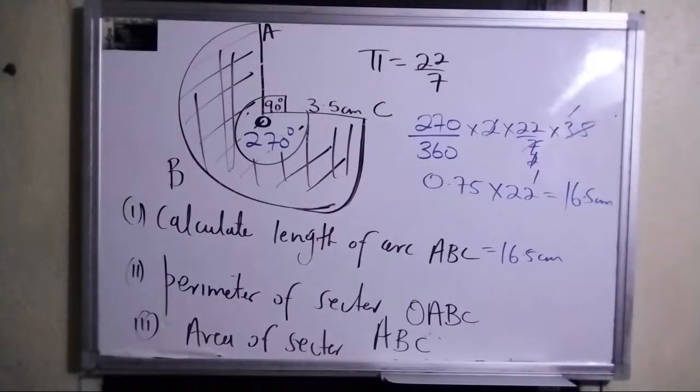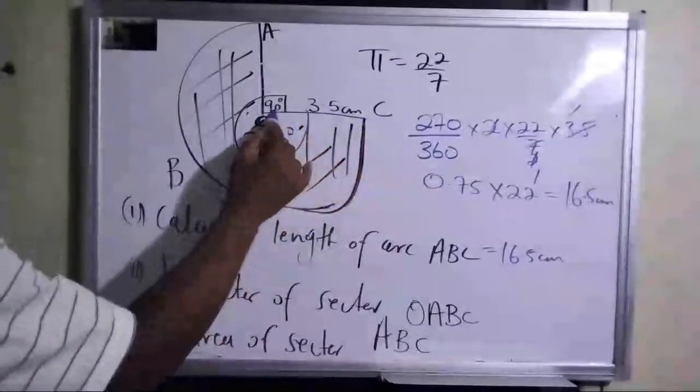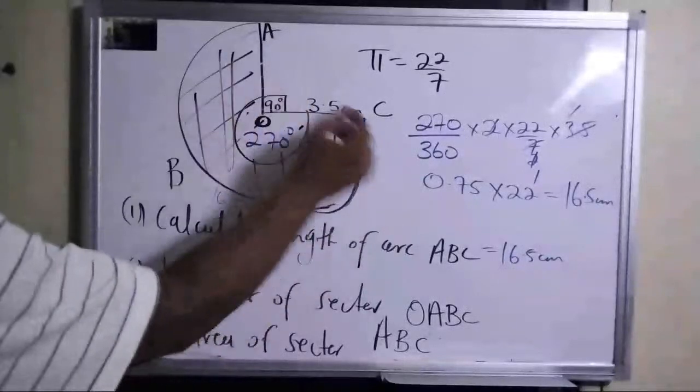Alright, think about it, guys. If this is 16.5, all of this is 16.5, right? But they gave us this to be 3.5. The perimeter means the total distance around.